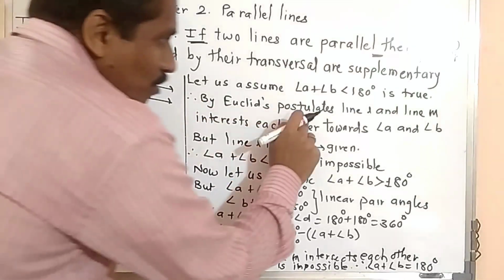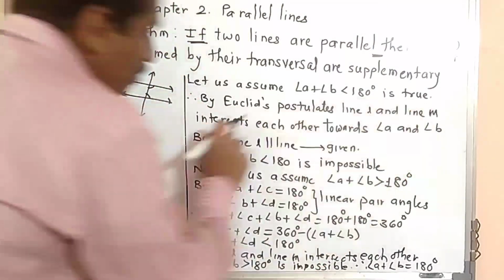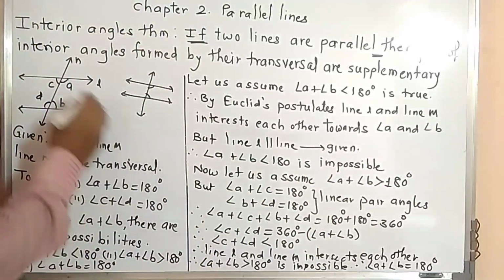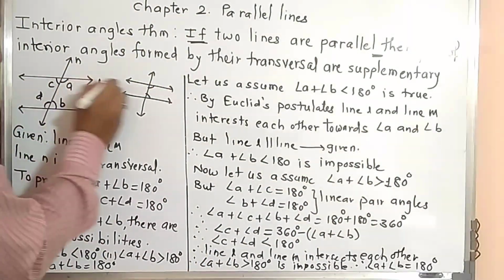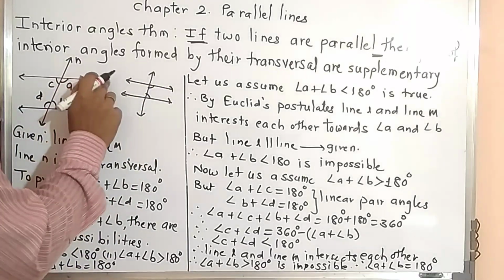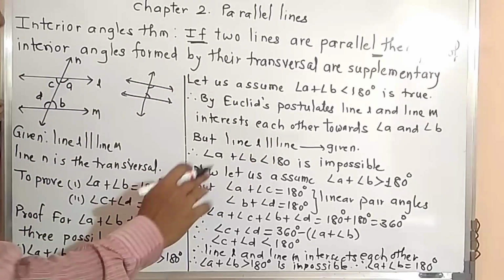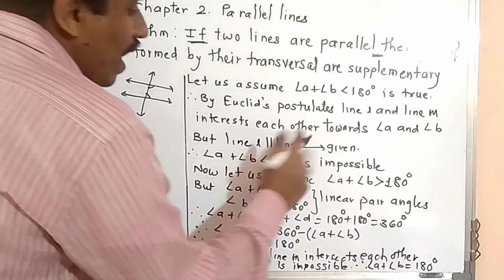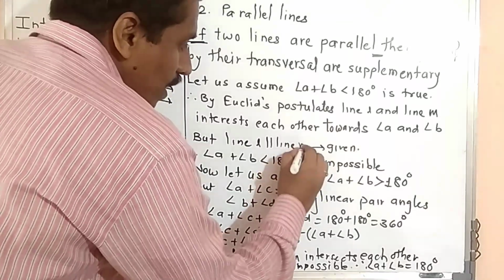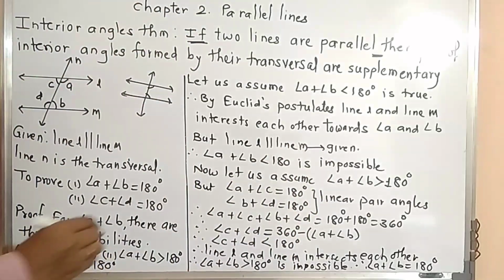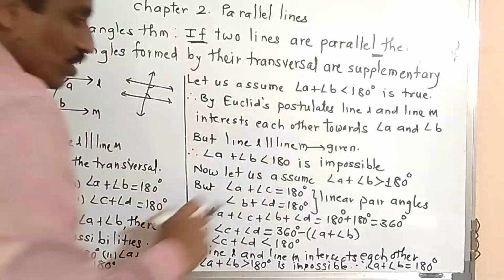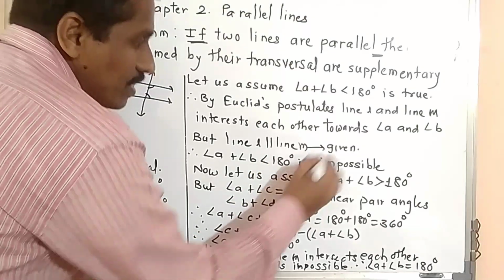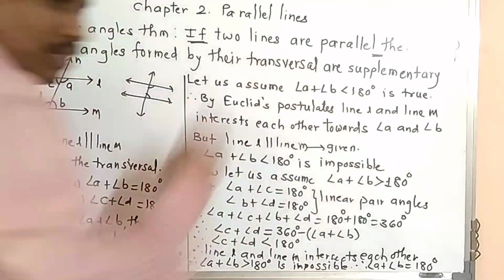So by Euclid's postulate, line L and line M intersect each other towards angle A and angle B. It means if I extend this line to this side and this side, line L and M are going to intersect. But what is given to us? Line L and line M are parallel, and we know that parallel lines cannot intersect each other, and therefore angle A plus angle B less than 180 degrees is impossible.